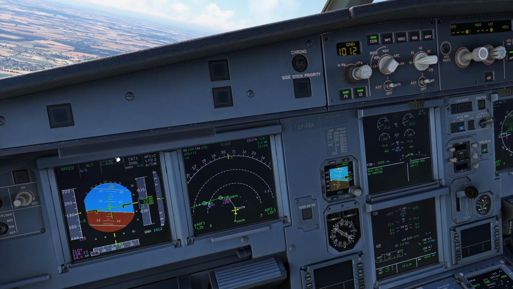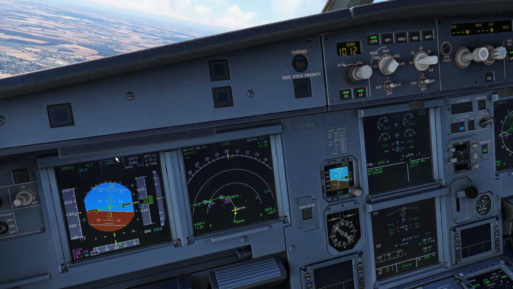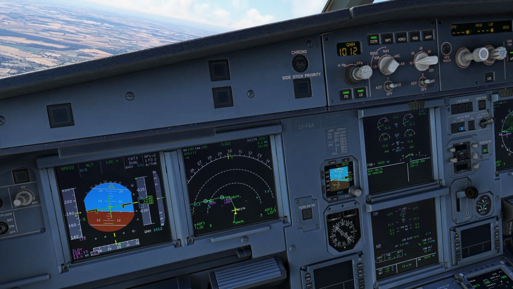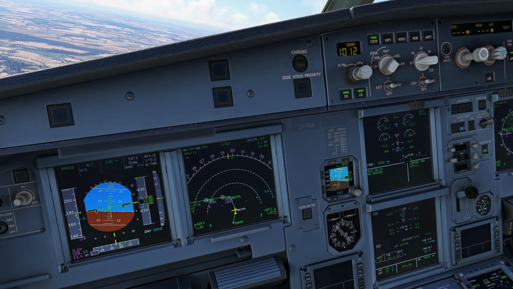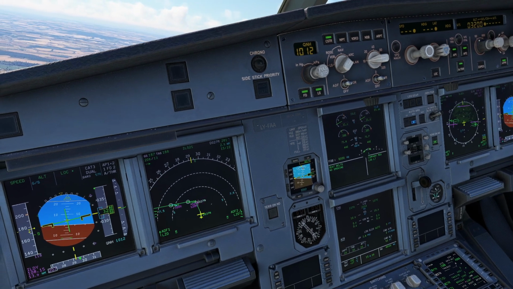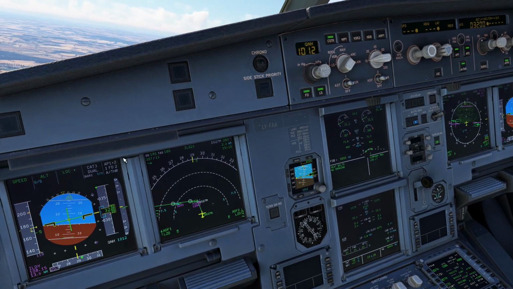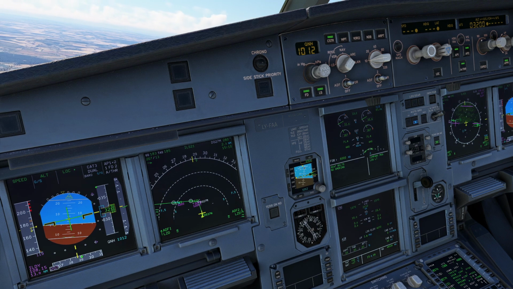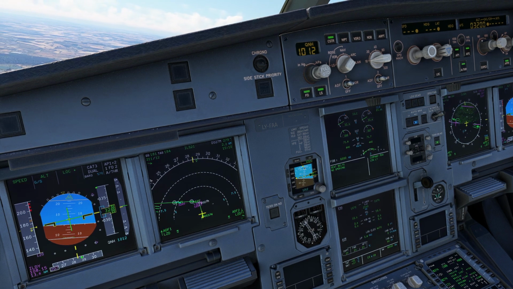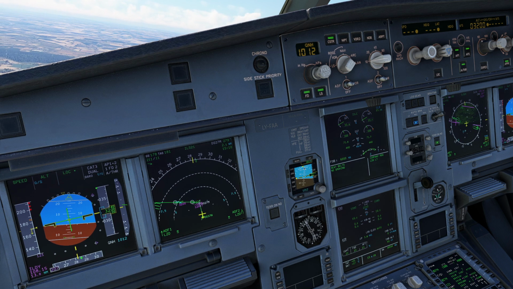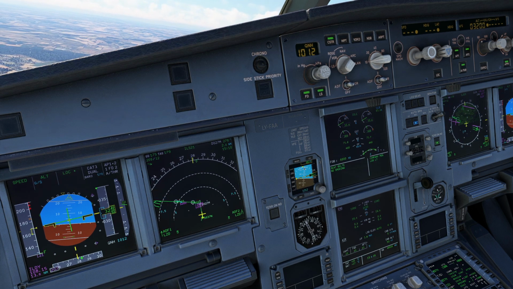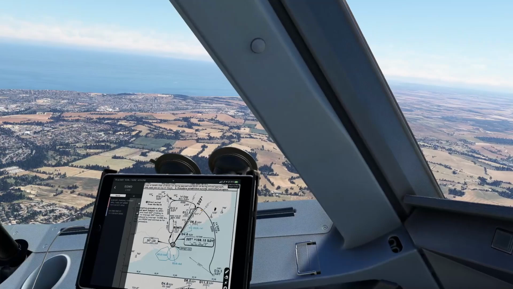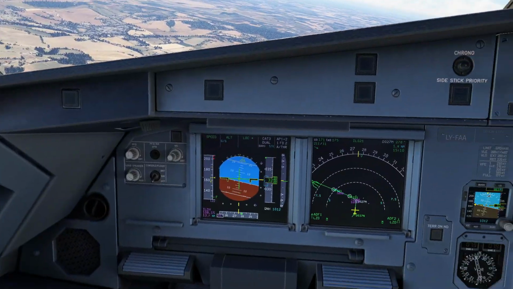Speed check, flaps 1, reducing to S speed. Flaps 2, speed check, flaps 2. Reducing to F speed.